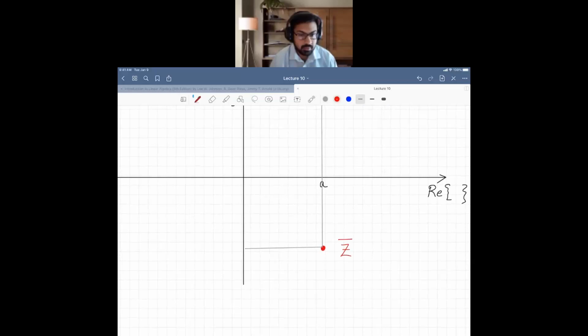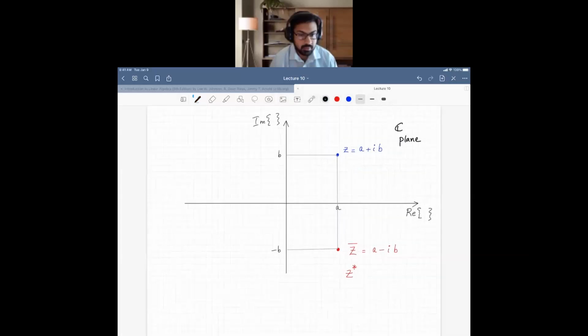This one is going to be z conjugate. Sometimes it is represented with a bar over it, or sometimes by an asterisk, doesn't matter. That is representing the conjugate of z, which is going to be a minus ib. The real part is the same, a. The imaginary part over here is minus b.